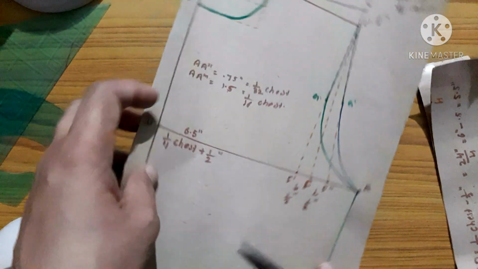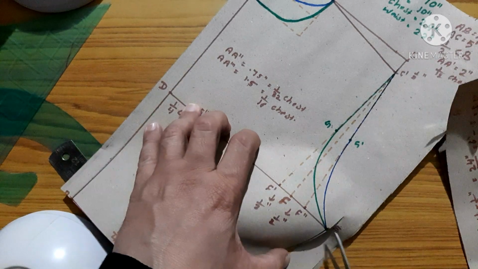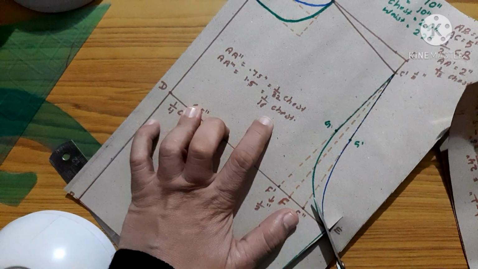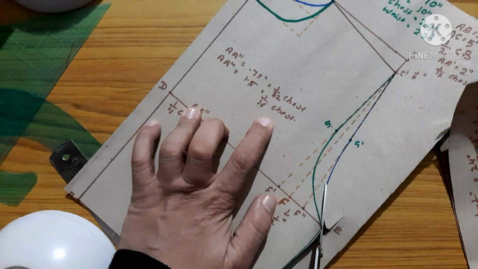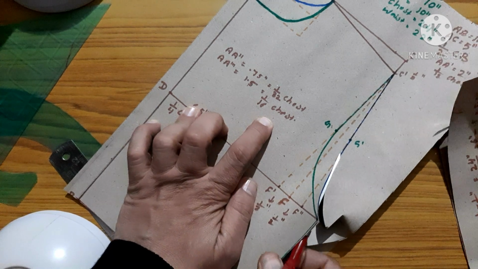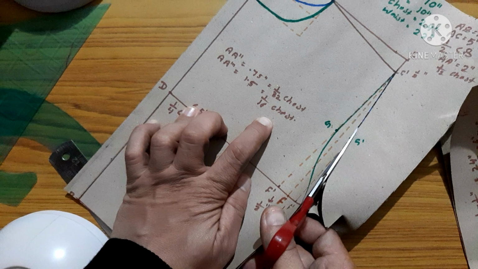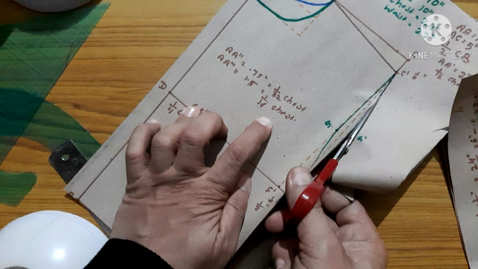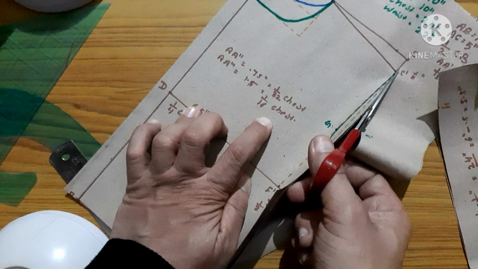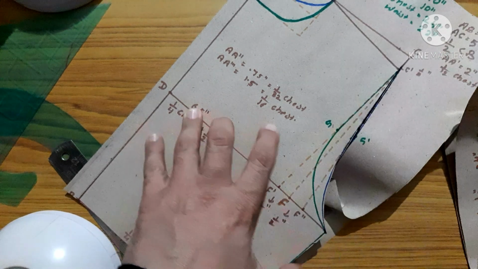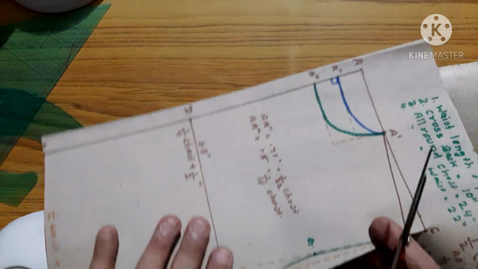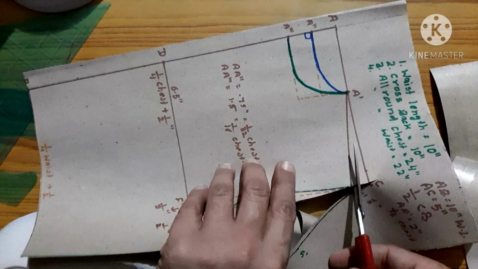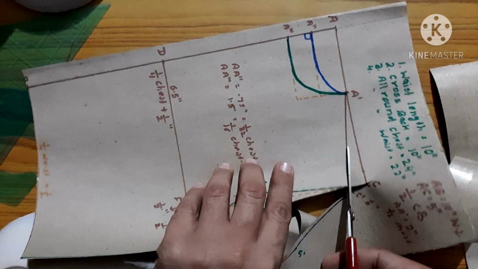Fine. Now we will be cutting the armhole of the back, that means the outer one. Done. This is the common portion that you can cut.